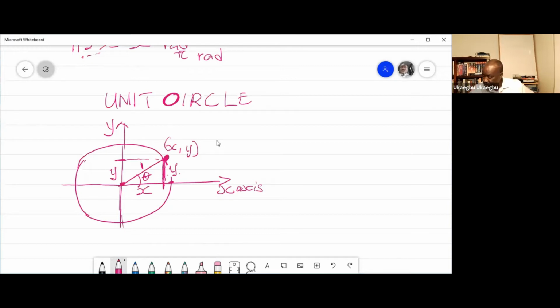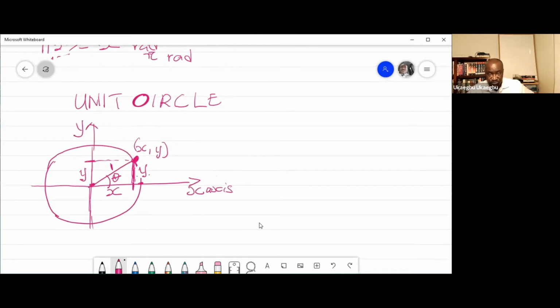Okay, so if you like, you can redraw this small diagram, this small triangle that is created. You can just redraw it like a triangle that looks like this.